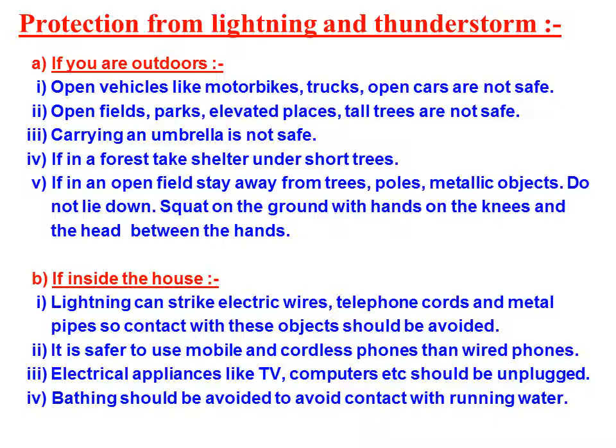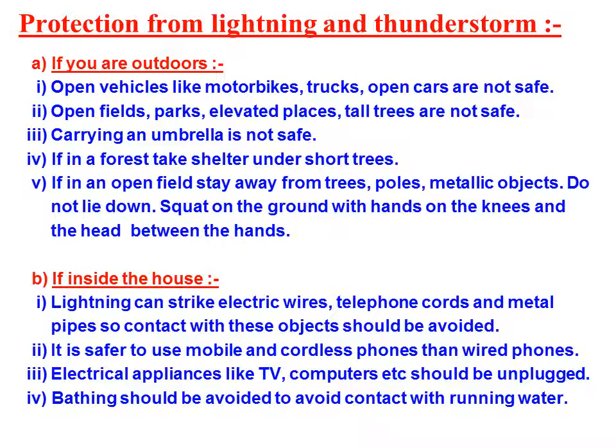Elevated places means tall buildings like churches and skyscrapers. Carrying an umbrella is also not safe. Why? Because the handle of the umbrella is quite thick and pointed at the top, so lightning can strike it.